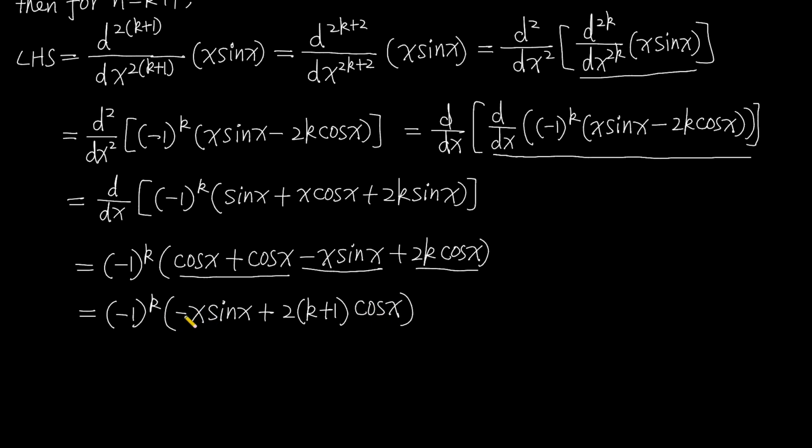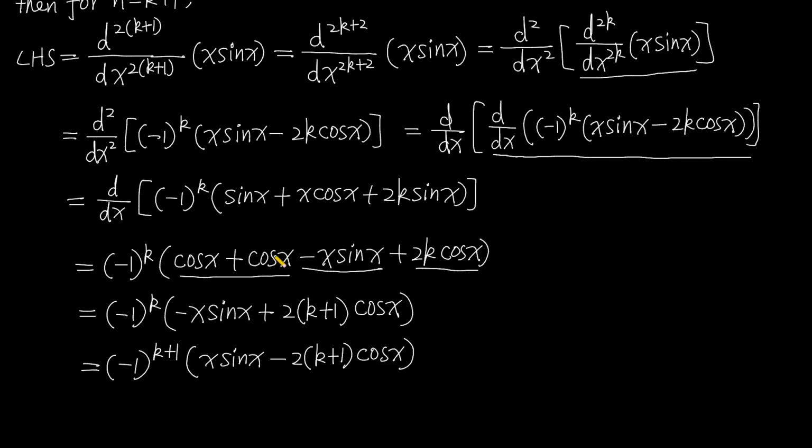Now we move negative 1 out of these brackets. So this equals negative 1 to the power of k plus 1 multiplied by x multiplied by sin x minus 2 multiplied by k plus 1 multiplied by cos x.